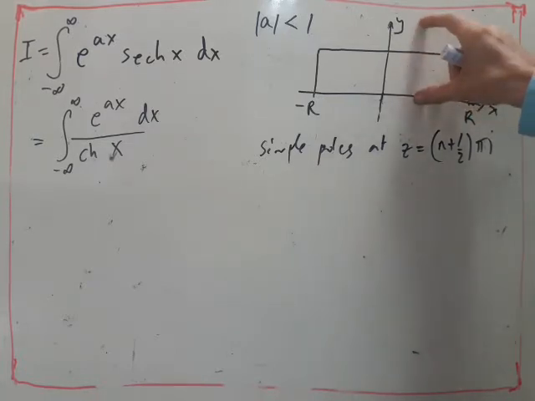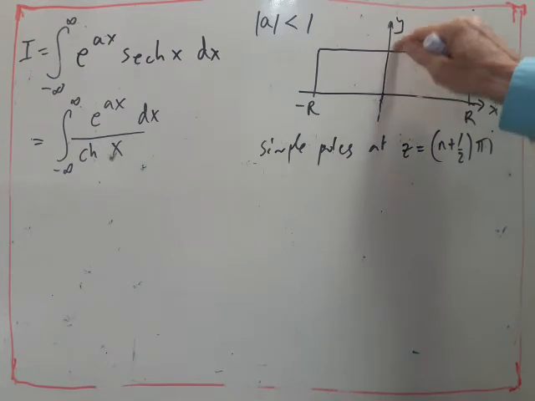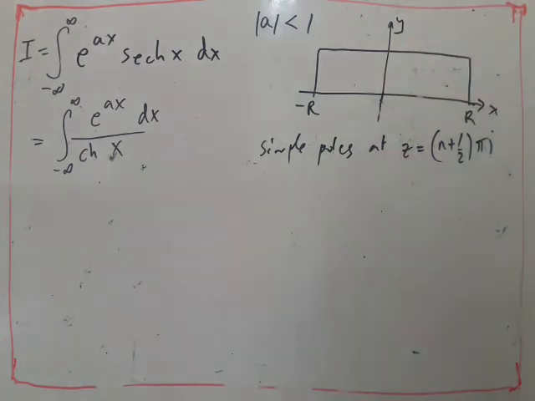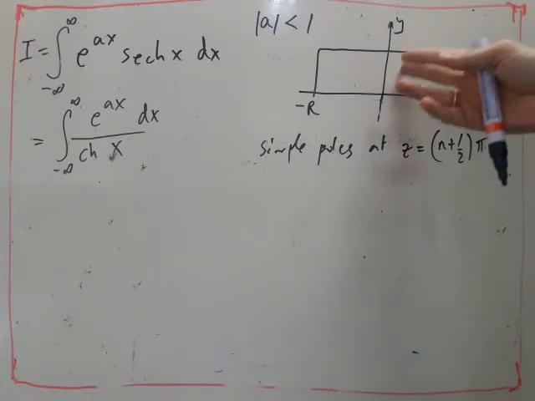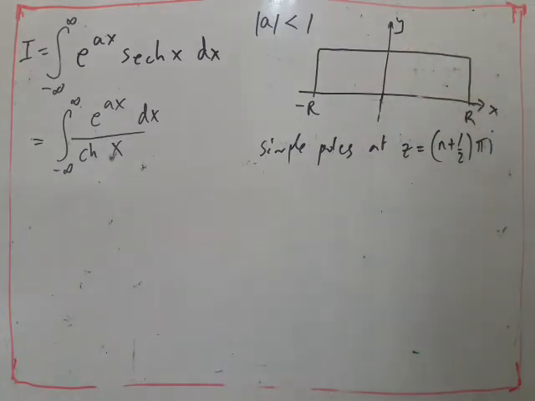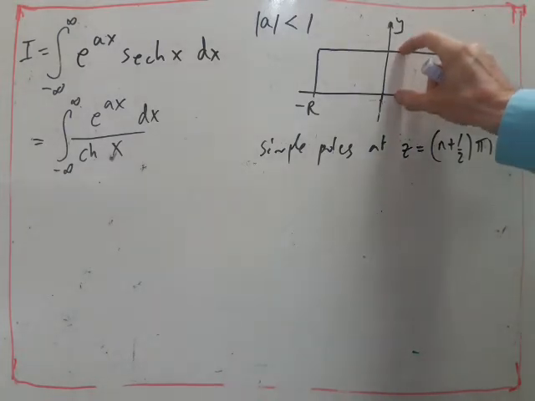If we make it too big, then we have more poles inside the rectangle to evaluate residues of, and it's the sum of the residues. We want as few residues as possible to have to evaluate. So if we've only got one, that's ideal. So we need to choose the minimum possible value of W.